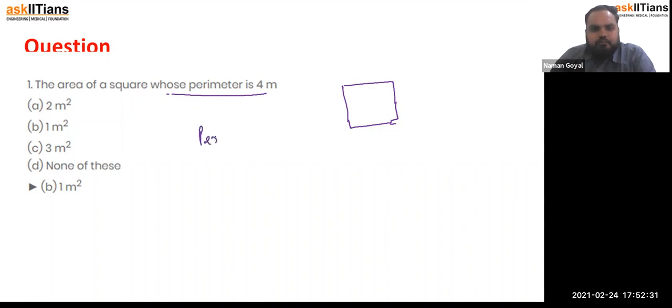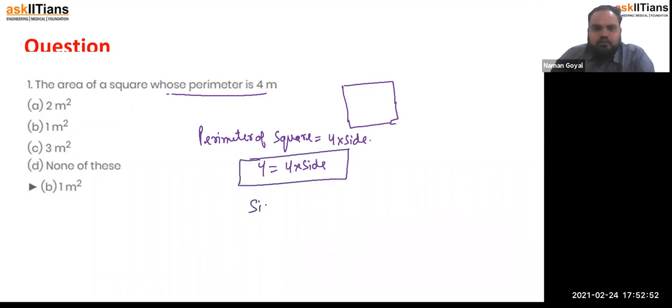As we know, the perimeter of a square is 4 into side. According to the question, the perimeter is given as 4 meter, so 4 is equal to 4 into side. With the help of this equation, we get side is equal to 1 meter, isn't it? Yes or no? Are you getting my point?